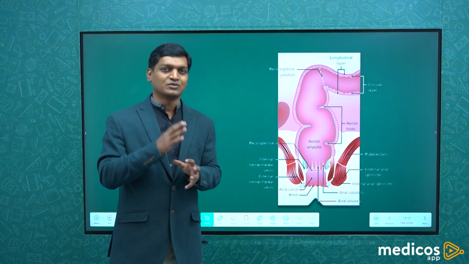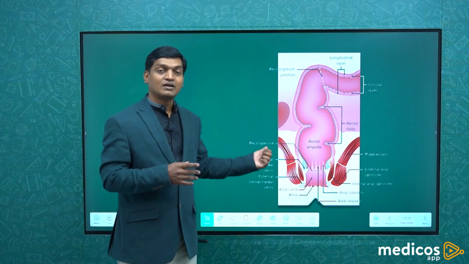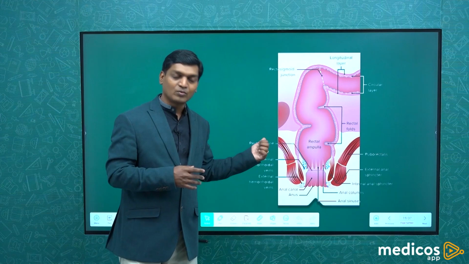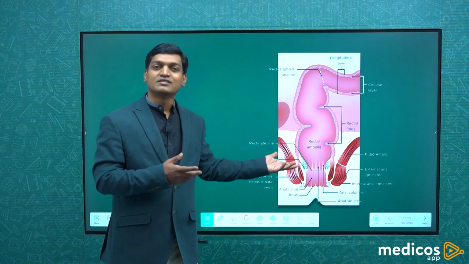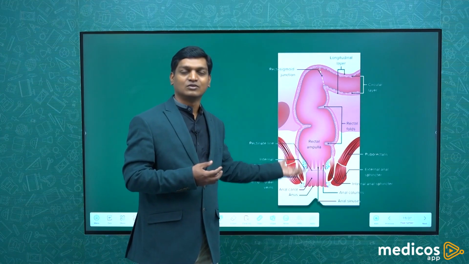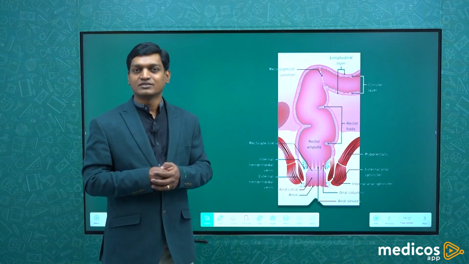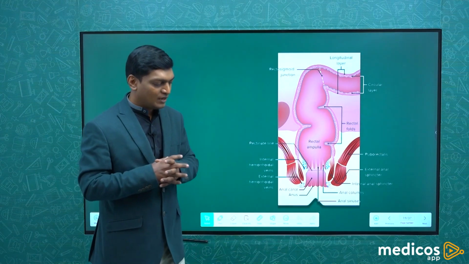That is also an important question. Portal vein and portocaval anastomosis. Here portocaval anastomosis happens, and any portal hypertension leads to what? Obviously it's hemorrhoids. So varicosity here in the lower part of the anal canal, isn't it? So this is how you have to study.